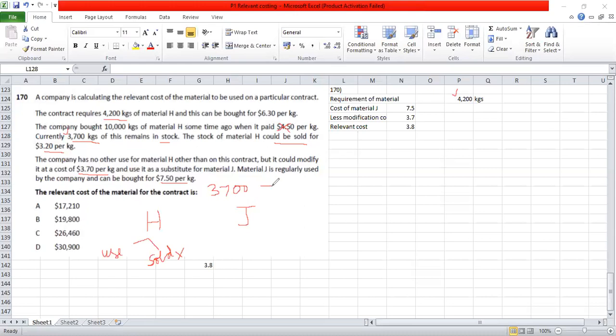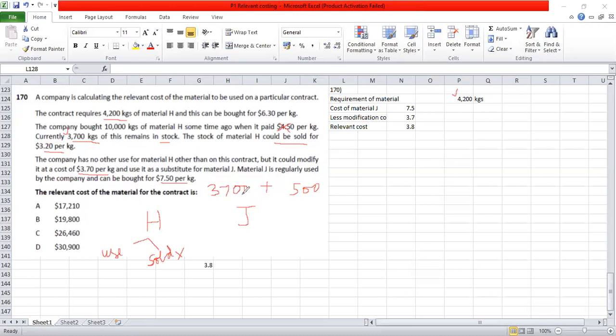That additional 500, if it has to be purchased, the choice is clear. About 3,700, I am trying to figure it out. For 500, the comparison is between 7.5 or 6.3. So the best one is 6.3. So at 6.3, 500 will be purchased.